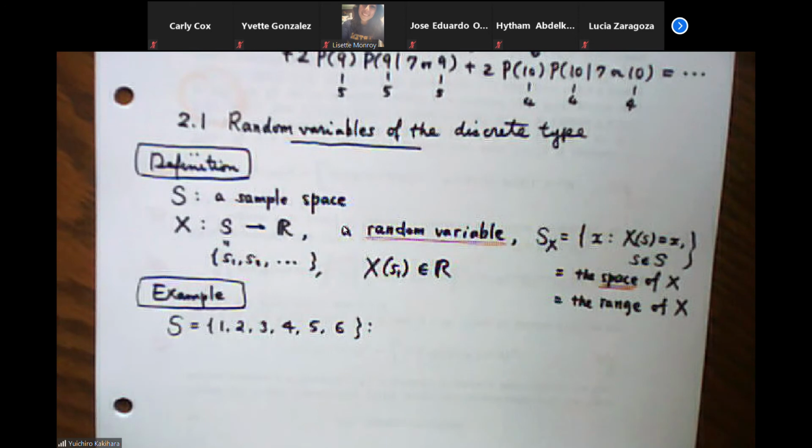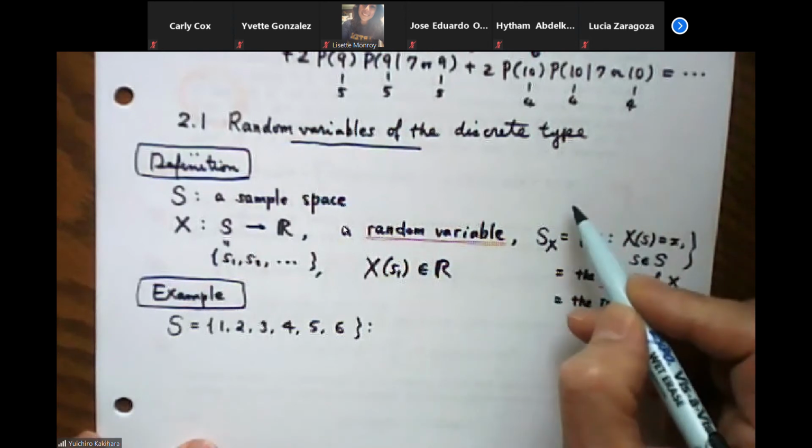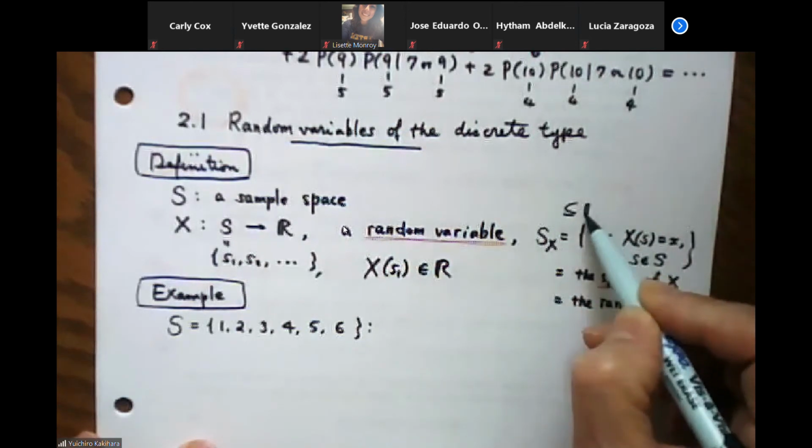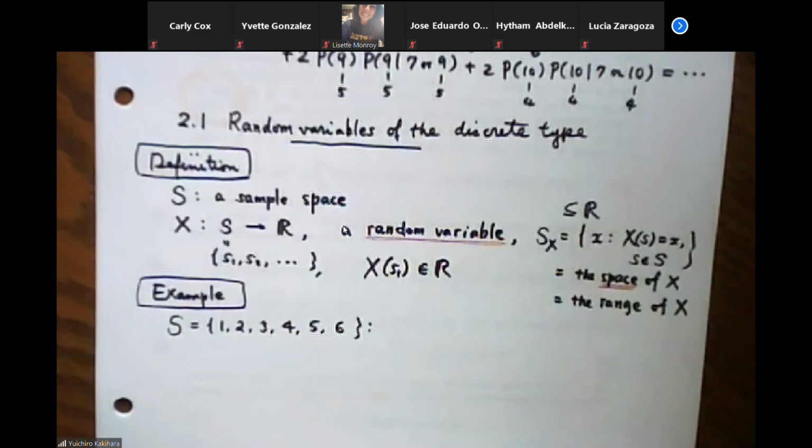The sample space does not necessarily consist of real numbers, but some other stuff. But the value of a random variable is always a real number. So this is a subset of R. The space of X is a subset of R, the range of the random variable X.